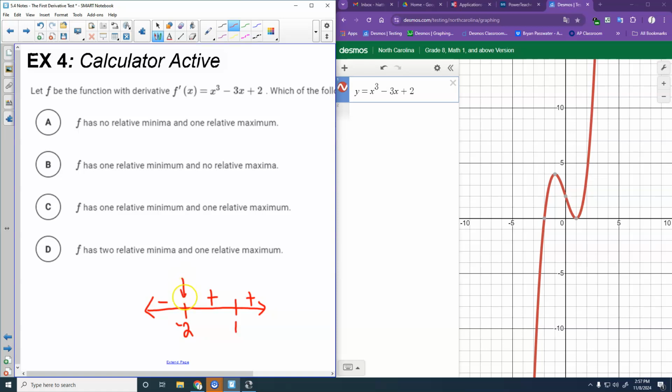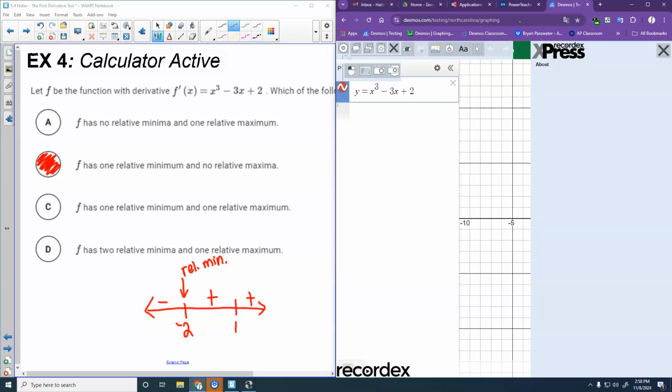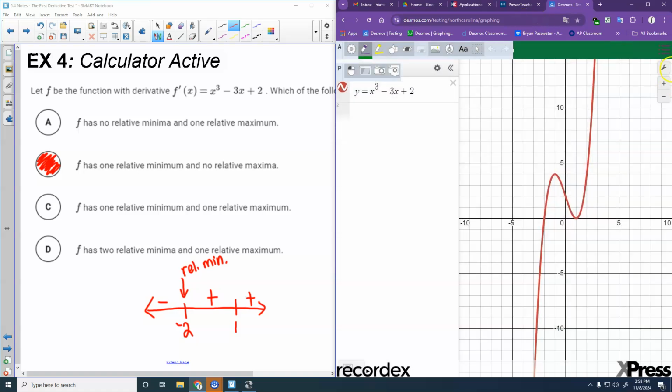So we just have a relative minimum right there at -2. So where's B? One relative minimum, no relative maximum. That's your answer. You just want to see how many times you cross the x-axis, and you care about whether you went from negative to positive or positive to negative. Right here, as I go across, I went from negative up to positive, so that's a minimum.